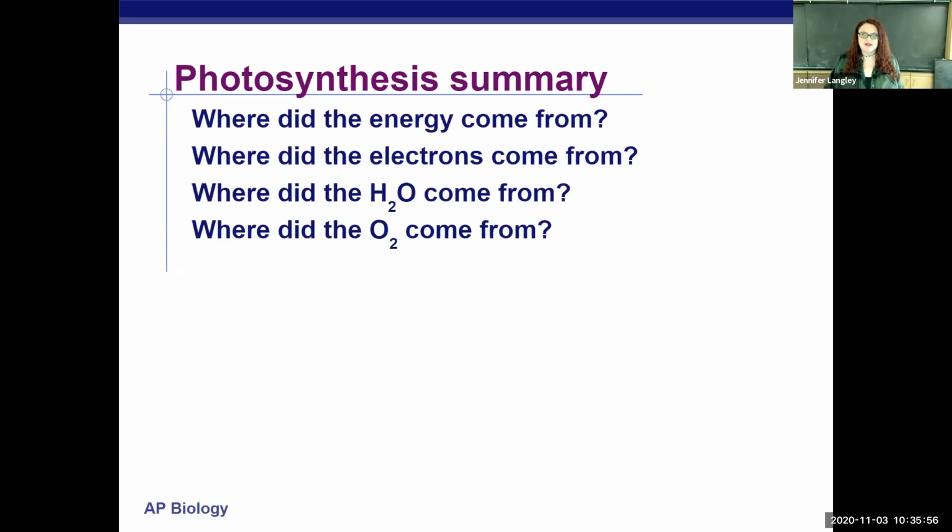There's oxygen in this system. Where did the oxygen come from? We talked about it once already, up here. Where do we get that oxygen? Good, Angela. Excellent. So when we split water, remember, we split the water to get the hydrogens and the electrons, and as a result, we wind up with oxygen that we get rid of.